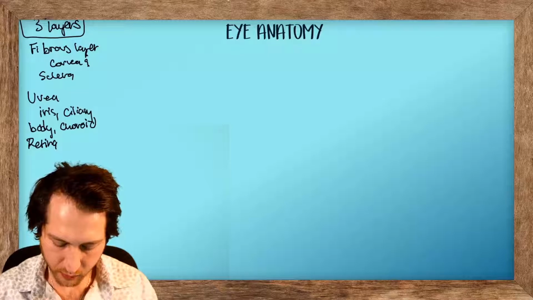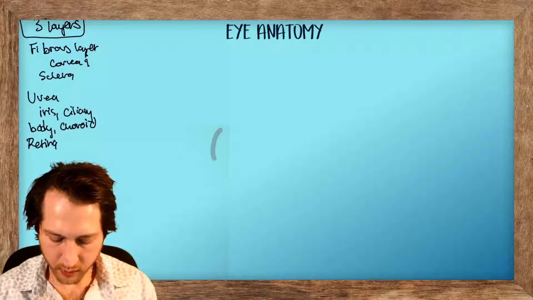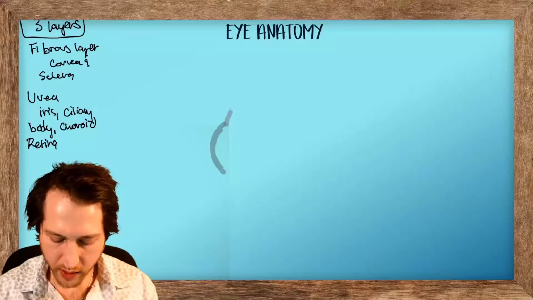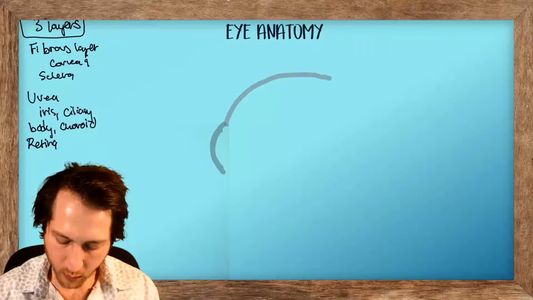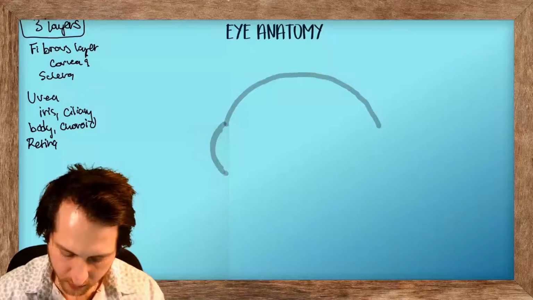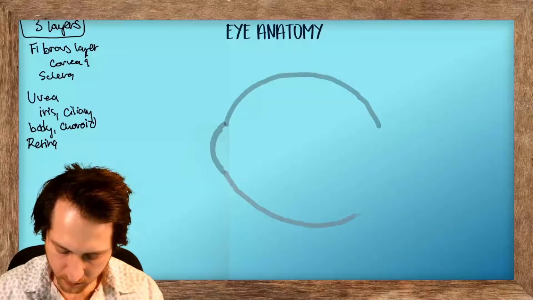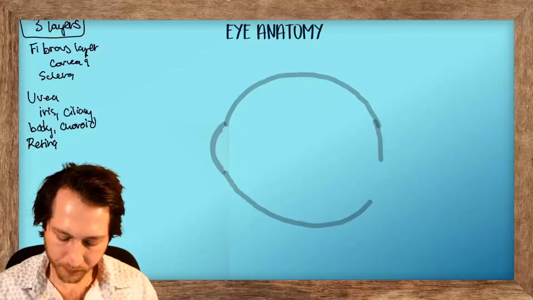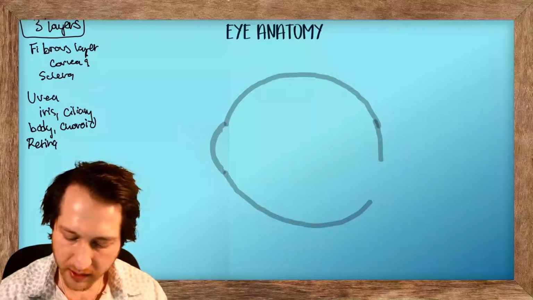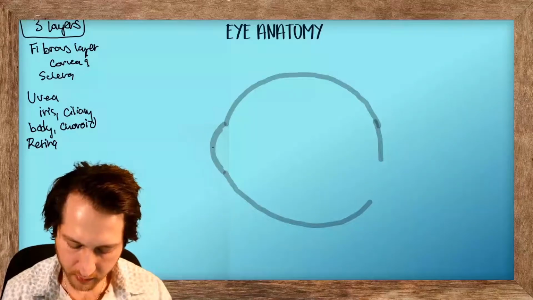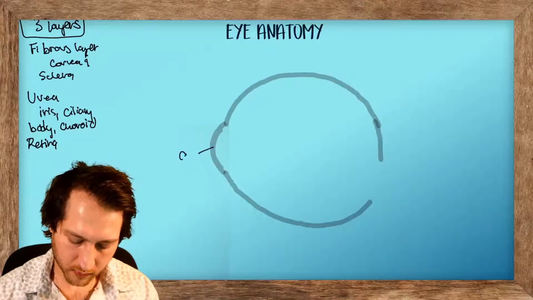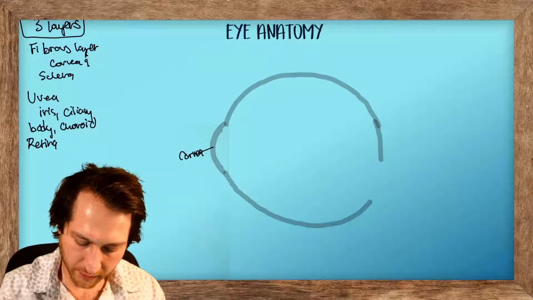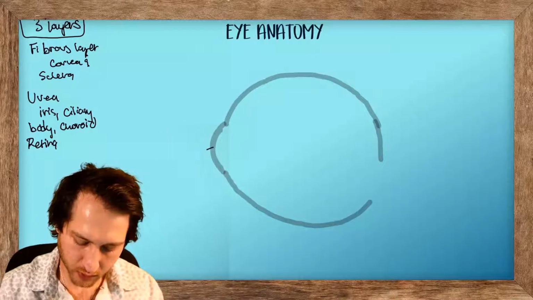With that said, I'm going to restart that one. Okay, so we have the cornea. And remember, the cornea gives rise to the sclera, or that white part of the eye. And we'll leave room for that optic disc, which we'll talk about in a bit. So we can start labeling some of these components. We have the cornea. Whoops, it's not very clear. I want to make sure this is clear for you all.